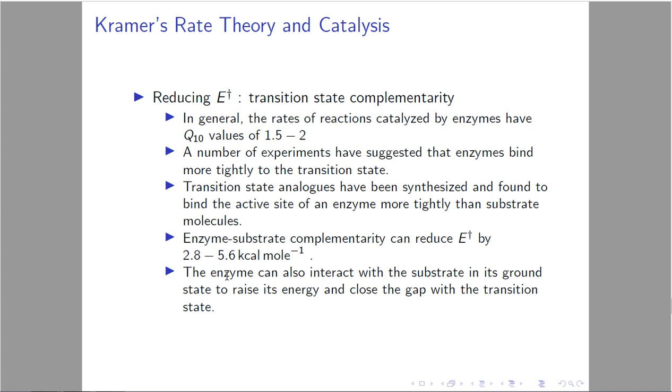Okay, and the enzyme can also interact with the substrate in its ground energy state to raise the energy and close the gap to the transition state. Okay, so meaning that it will also again decrease the activation energy from the reactant to the product.